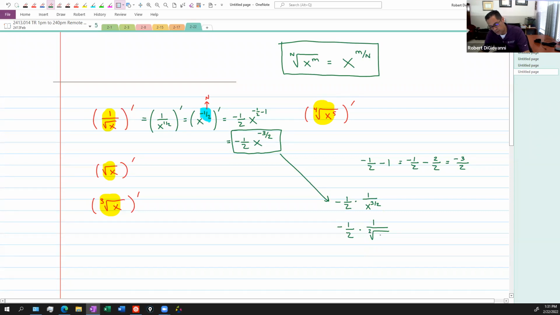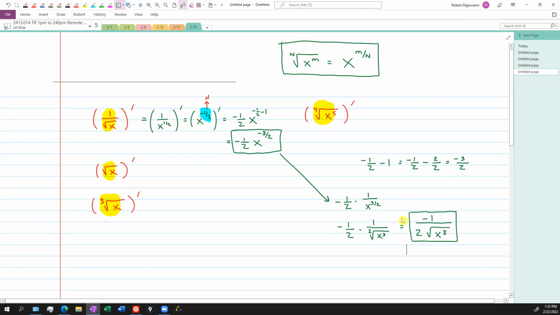So it's the square root of x cubed. Now, you don't need to put a 2 on a square root. It's implied. So we could write it this way, negative 1 over 2 square roots of x cubed. That would be correct as well. Does that make sense? Yeah. Okay. Good.